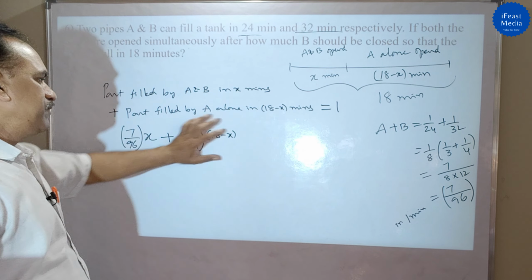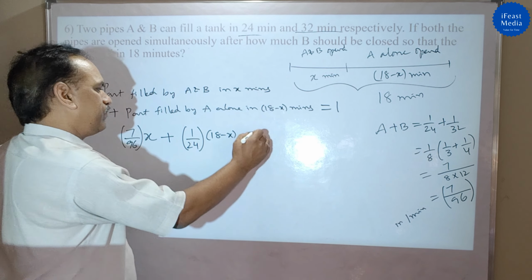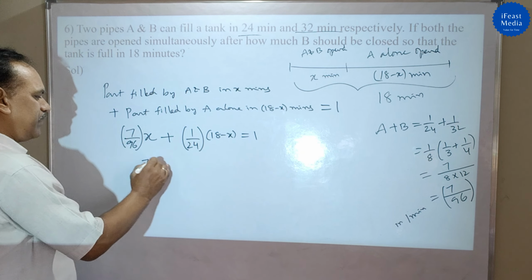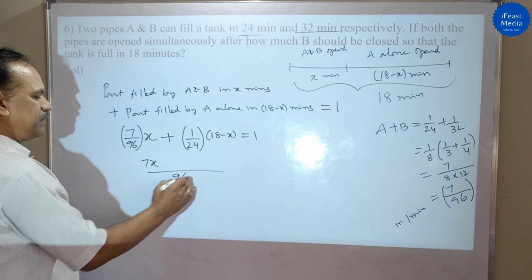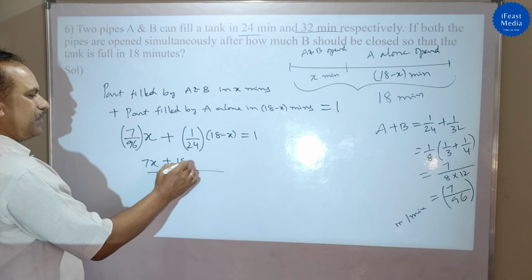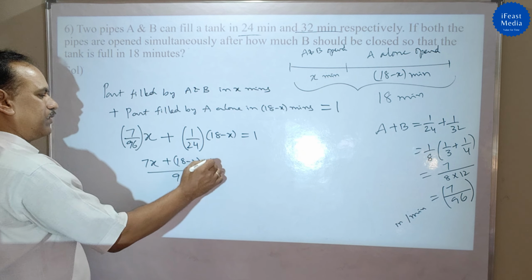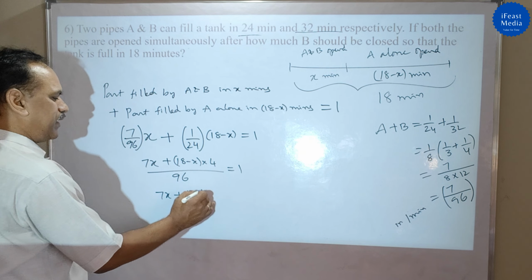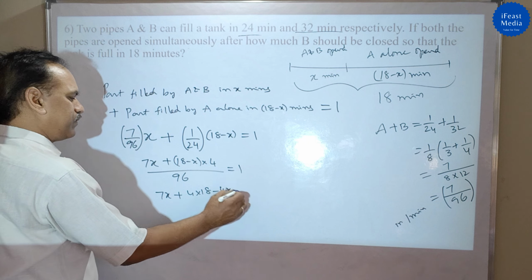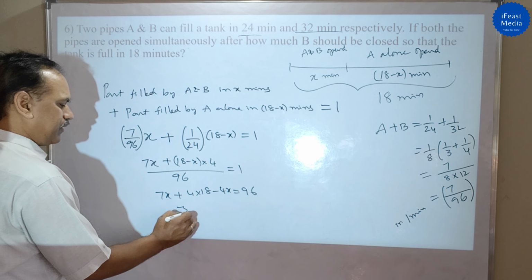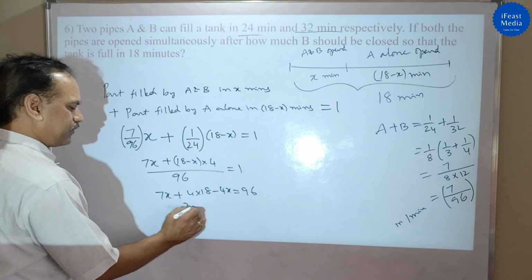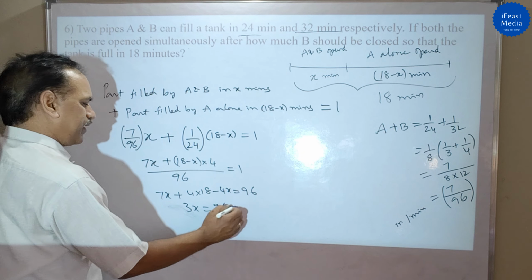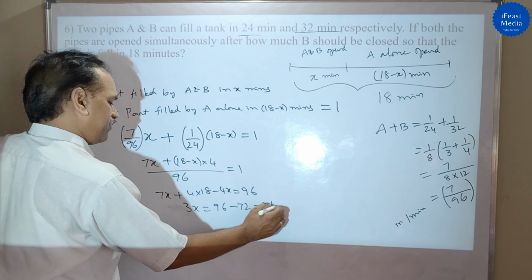This part plus this part should be equal to 1. So 7X by 96 plus (18 minus X) into 4 by 96 equals 1. 7X plus 4 into 18 minus 4X equals 96. 3X equals 96 minus 72, which is 24.